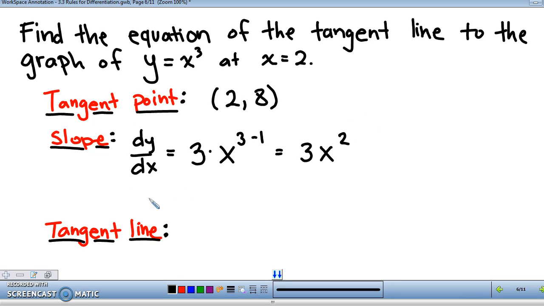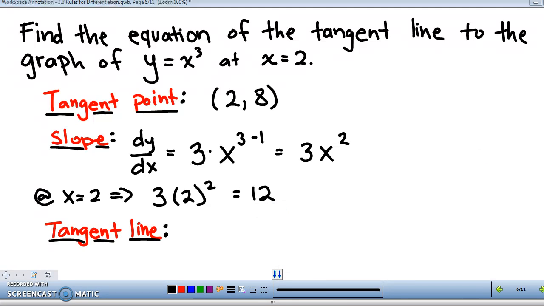Okay, but if we want the slope at x equals 2, that means we get 3 times 2 squared, which is 12. Okay, so this is the derivative function, 3x squared. Once we plug in x equals 2 for x, we get the actual slope of 12.